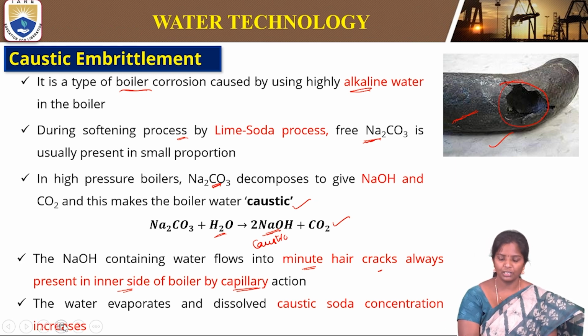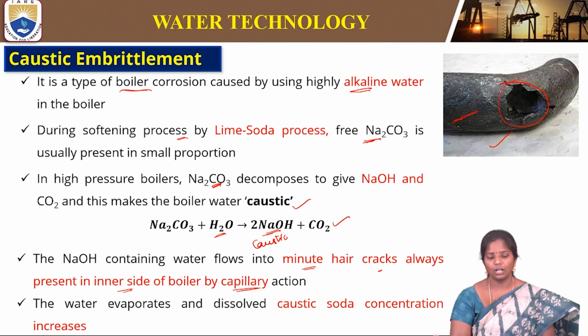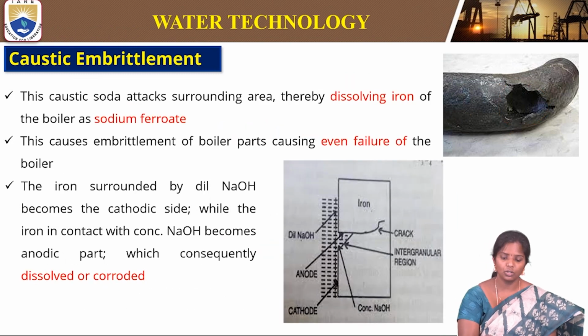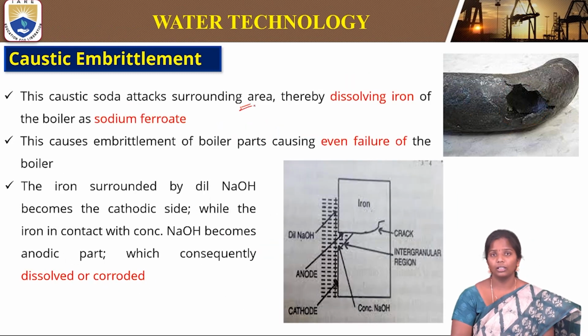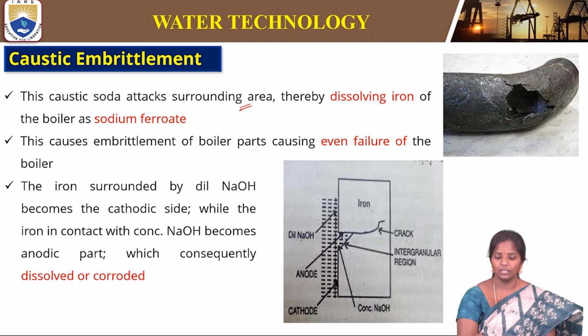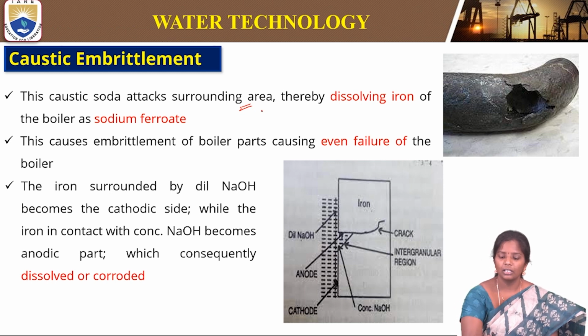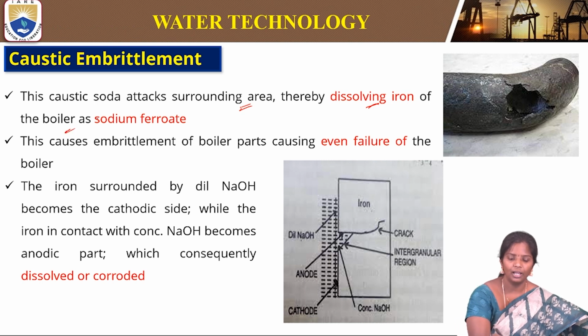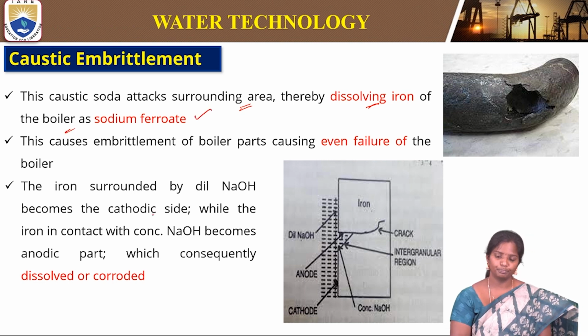So the water evaporates and the dissolved caustic soda concentration increases. This is how the embrittlement takes place. This caustic soda attacks the surrounding area, thereby dissolving iron of the boiler as sodium ferrite.